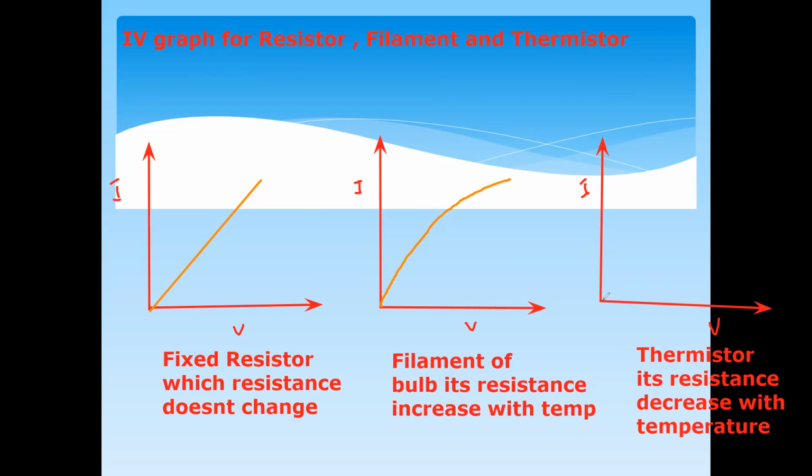Whereas for the thermistor, initially it is a straight line, but as the temperature increases, its resistance decreases. As the resistance decreases, more current starts to flow, so it will go up. So these are the three graphs, and they are very important. The first one, there is no change in the resistance.